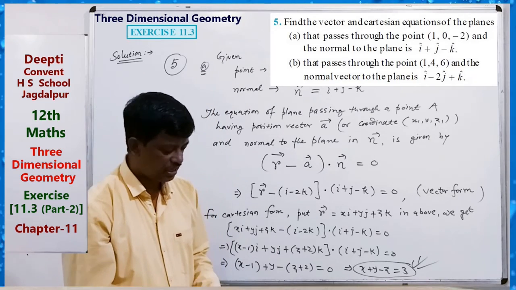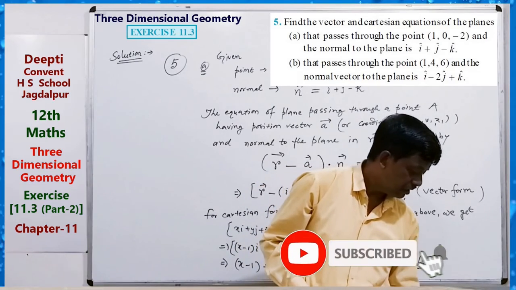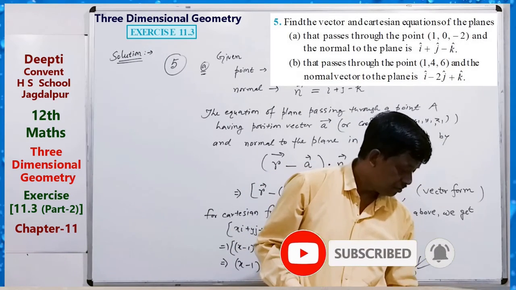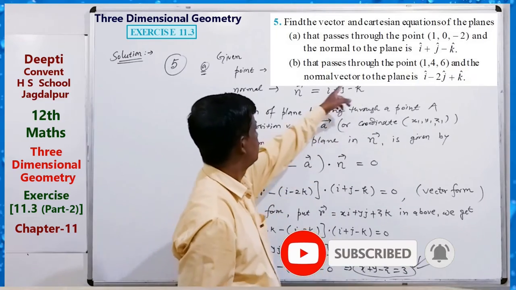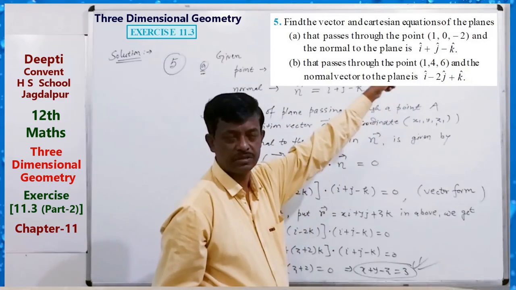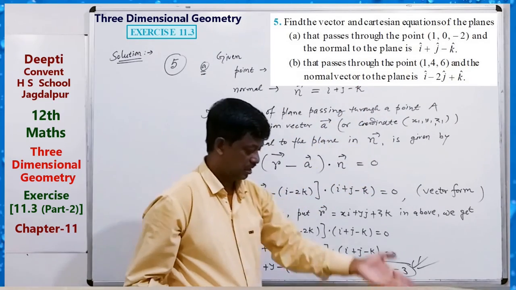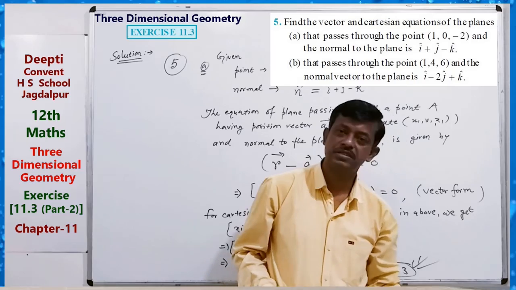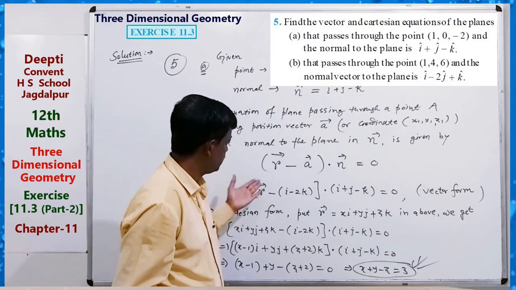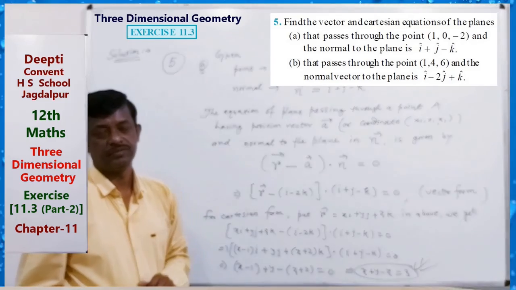Similarly, the second question, 5 of B, can also be written. The point is 1, 4, 6, so you can write I plus 4j plus 6k, and n is given as I minus 2j plus k. So just use this, and the vector form can be obtained.